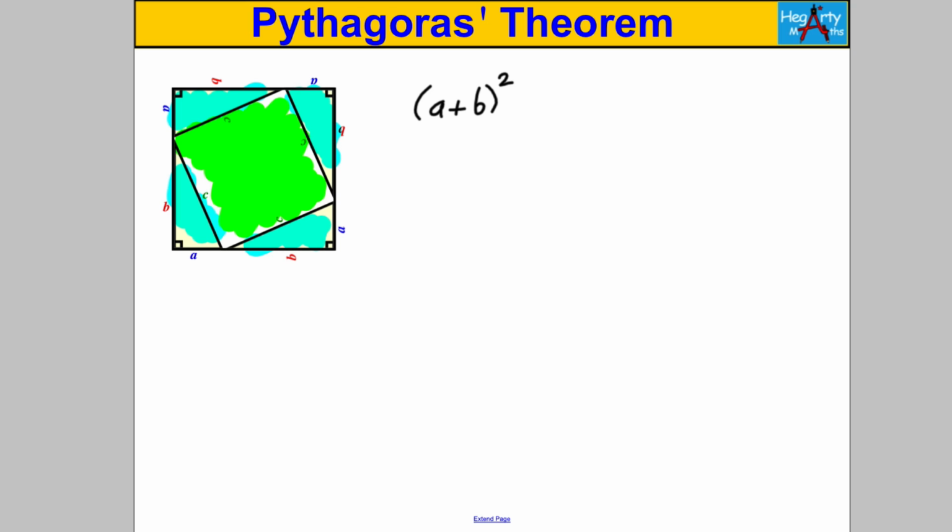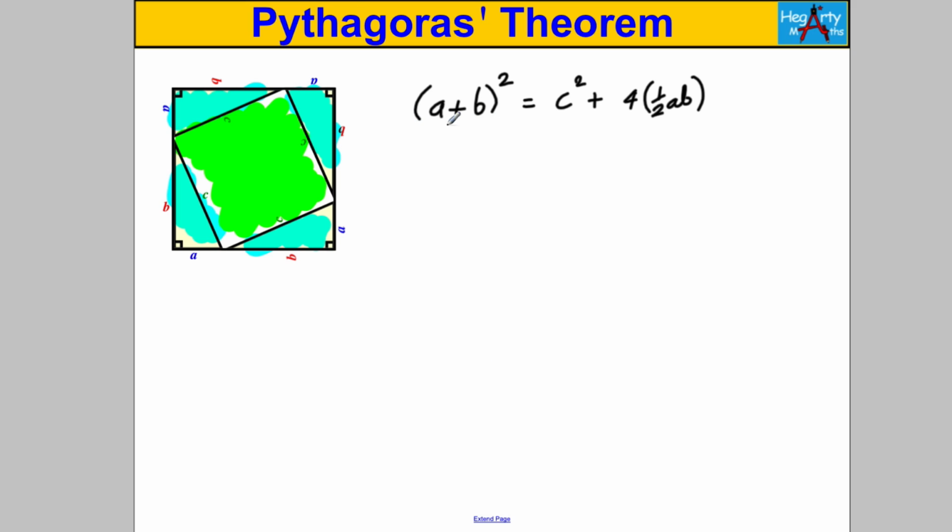Couldn't we? So we could say that this area that we've already found is at the same time equal to this square here in green, which is c squared, add 4 lots of the area of this identical triangle. So 4 lots of the area of this triangle, which we know is a half AB. Right?